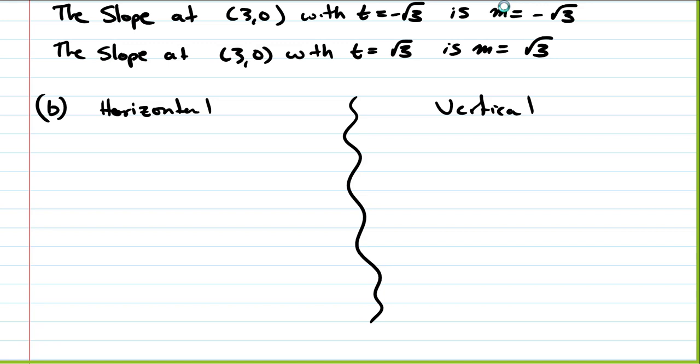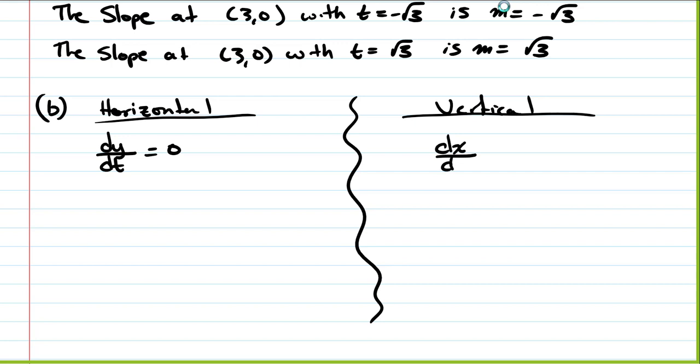So if I'm not moving right or left at all, that means I would be going straight up or down. So similarly, to find horizontal tangents, that means that my y value is not going to be changing. So here, for horizontals, I would want dy/dt equals 0. For verticals, we want dx/dt to be equal to 0.